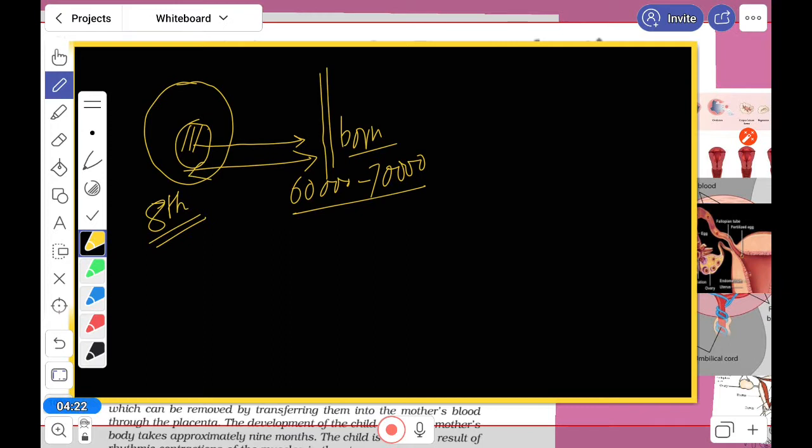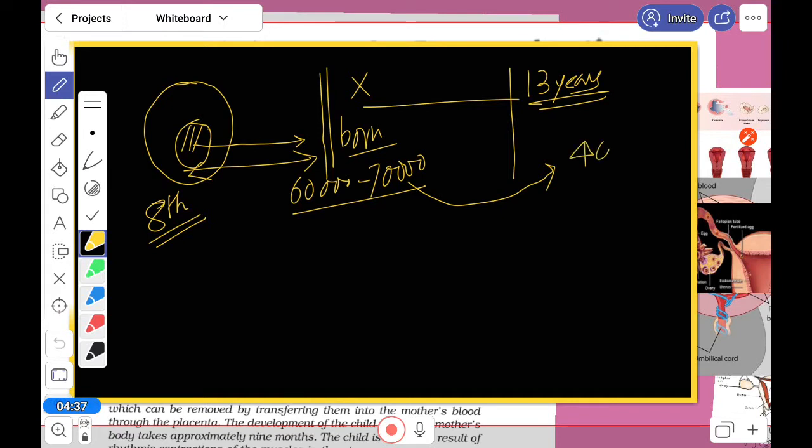When she is born, the cell division stops. Again, cell division starts at the age of 13 years, and from those 70,000, only 400, as I told already, get mature. Others will degenerate. This is a very interesting fact.